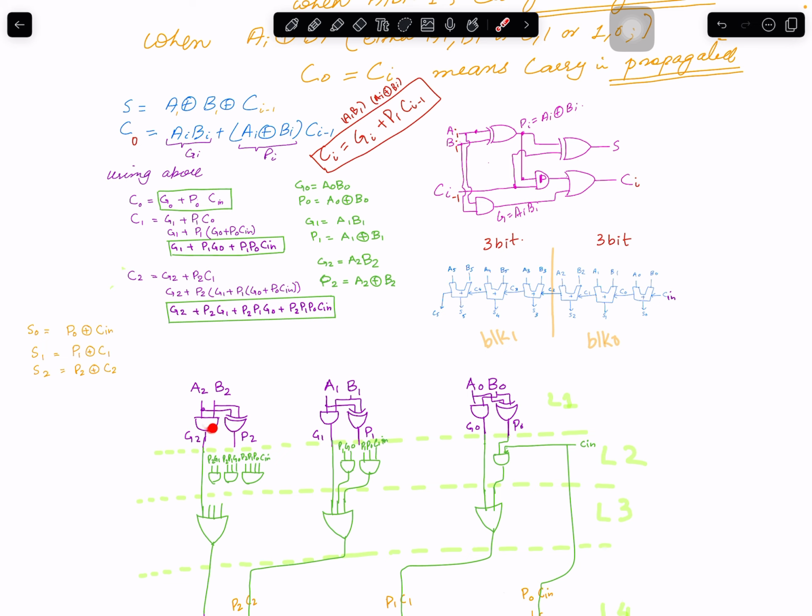Then we have this AND gate, which is this guy. Then for carry output, it's like 1, 2, 3, so an OR gate with 1, 2, 3, 4 inputs. So this OR gate with 4 inputs. And G2 comes as is. P2, G1 come as ANDed together. Then P2, P1, G0 comes as another term. P2, and then comes another one.